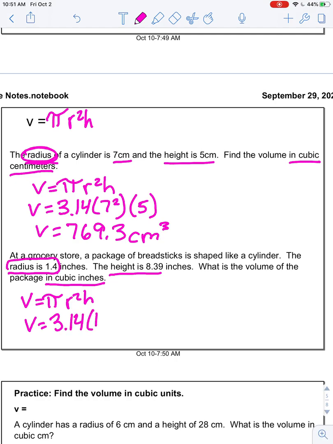Radius is 1.4 squared. Height is 8.39. So multiply all that together: 3.14 times 1.4 squared times 8.39, and we get a volume of 51.63, I cut it off after 2 decimal points, cubed.